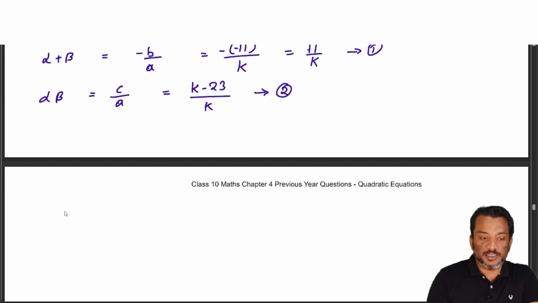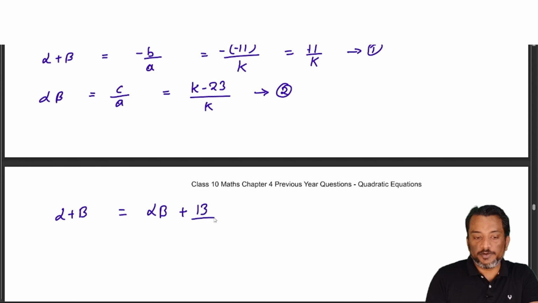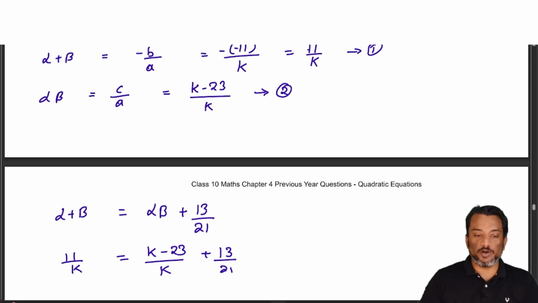So which means the sum of roots, alpha plus beta, is greater than the product of roots by 13 over 21. So we can put the sum of roots value 11 over k, and the product of roots k minus 23 over k, plus 13 over 21. Now you can solve here.